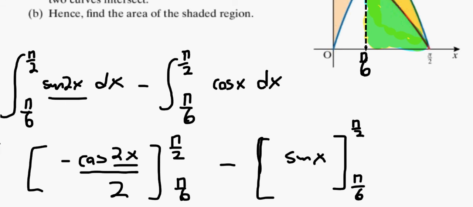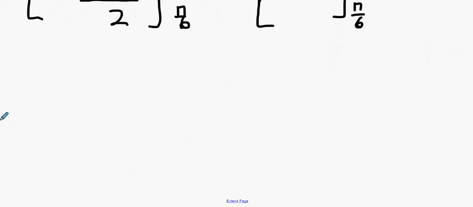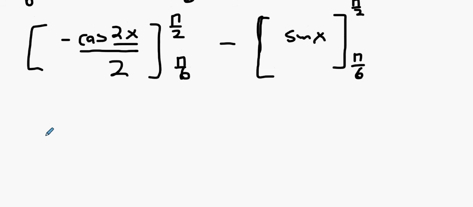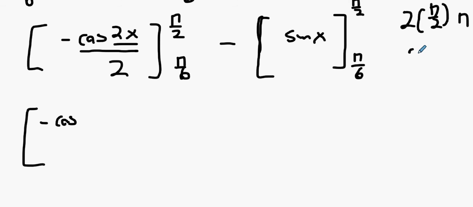Now, let's go down. Let's have a look. So, right. What's 2 times pi over 2? 2 times pi over 2 is simply pi, and 2 times pi over 6 is simply pi over 3.